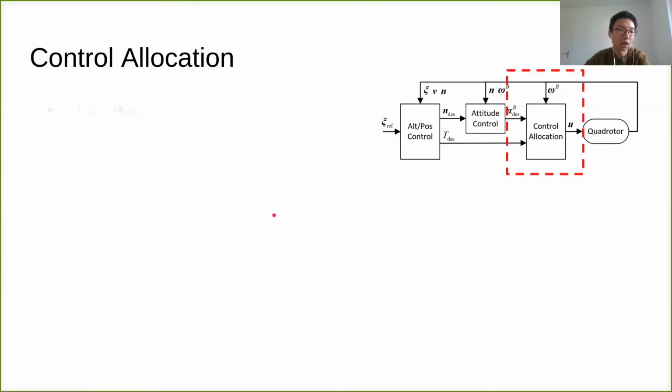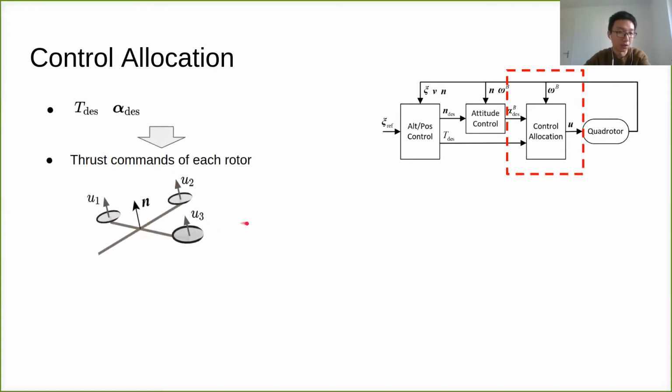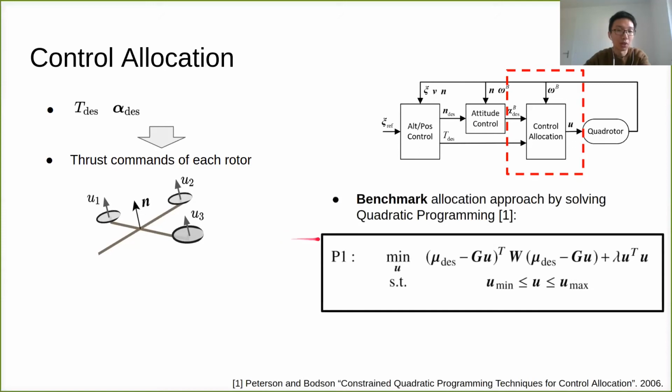Now we have obtained the desired thrust and the angular acceleration. So the third block, the control allocator, converts them to the thrust commands of each rotor. This can be done using a benchmark allocation approach by solving this quadratic programming problem.